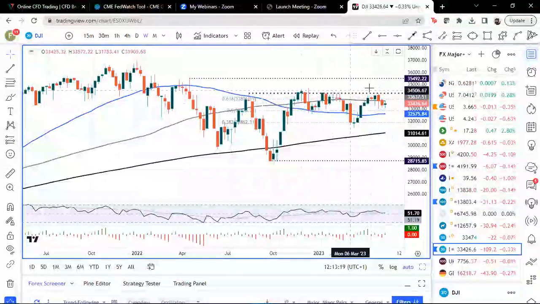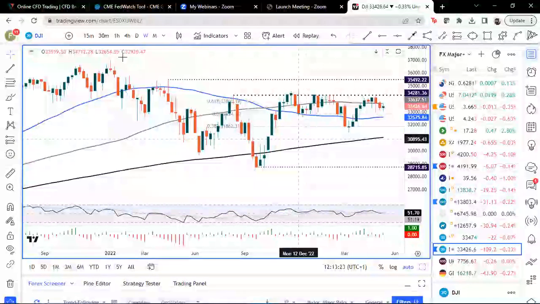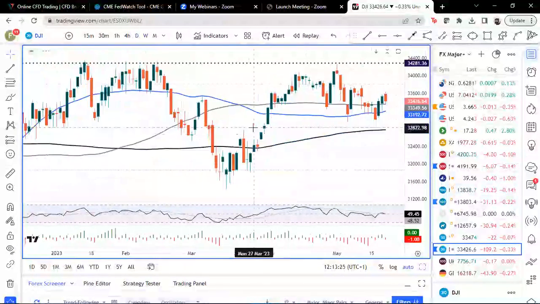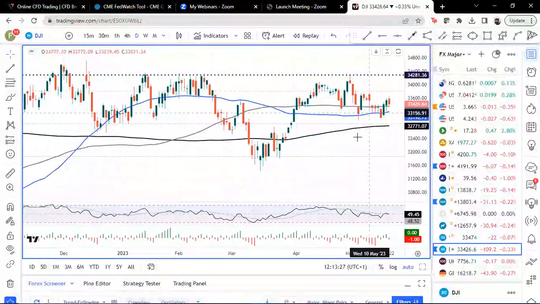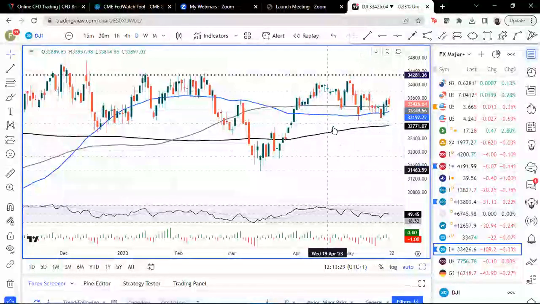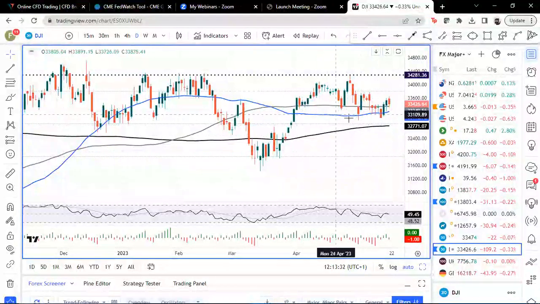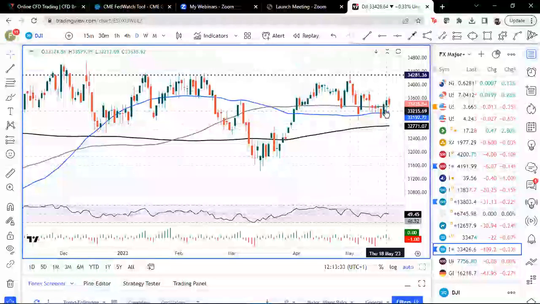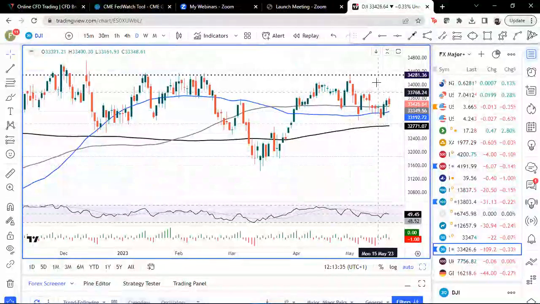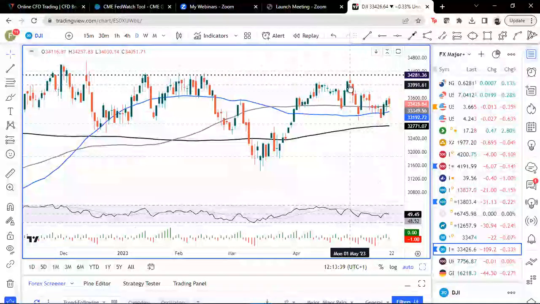We're nowhere near that really, at 33,426 at the moment. You can see it's just tracking around that, quite messy really. Support around the 50-day moving average, the light blue line at 33,192, and then 34,000 and 34,281 is the sort of resistance zone in the Dow.